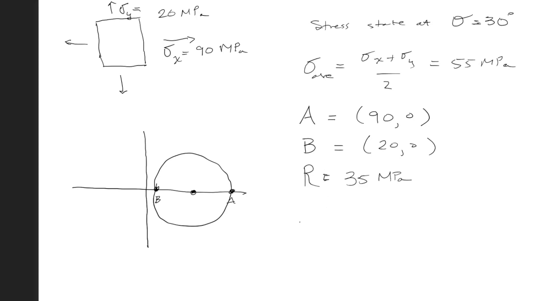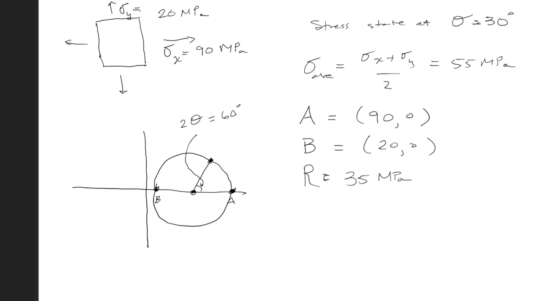All right, now if I start from point A and I rotate, this should be 2 theta equal to 60 degrees. I want to know the stress state at that point right there.